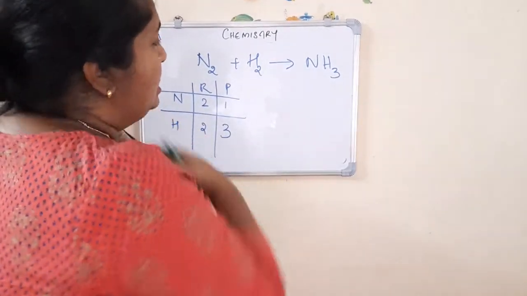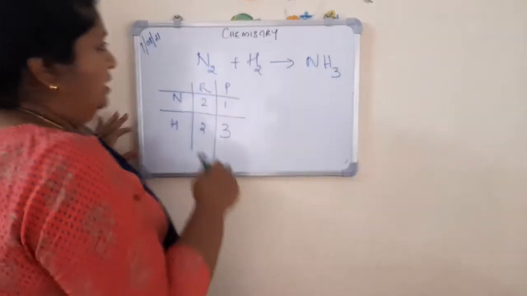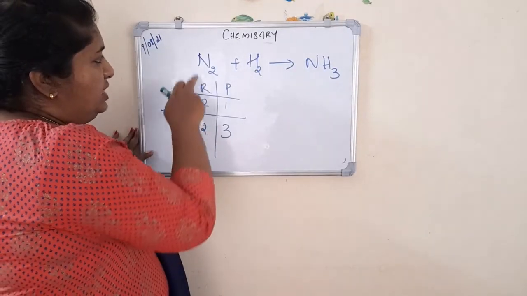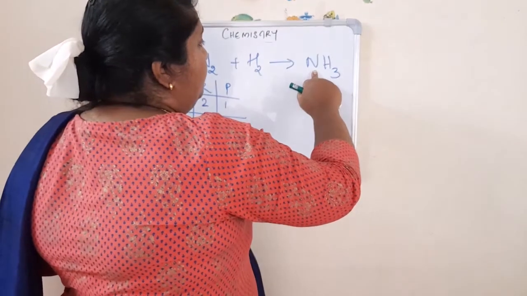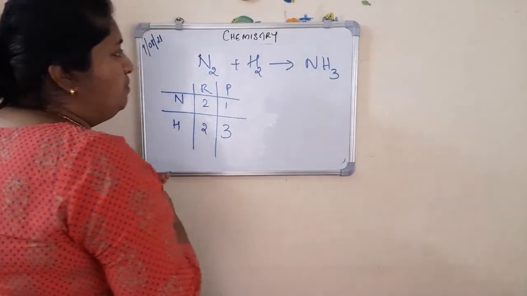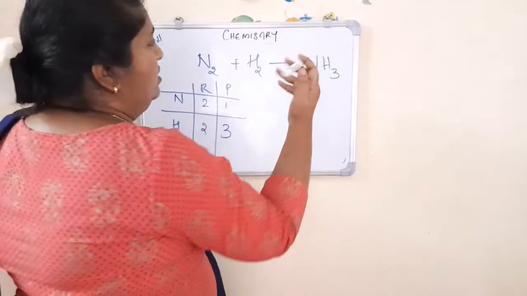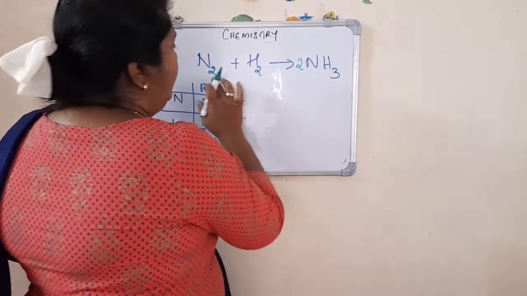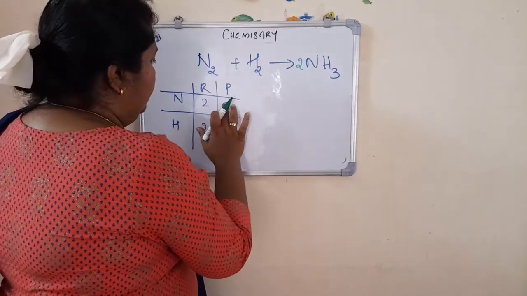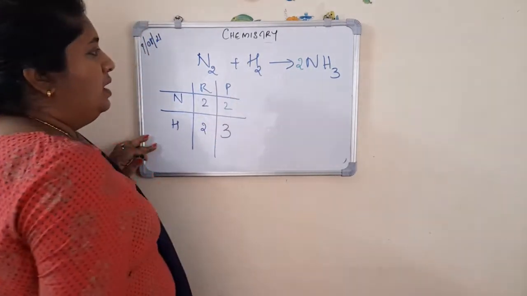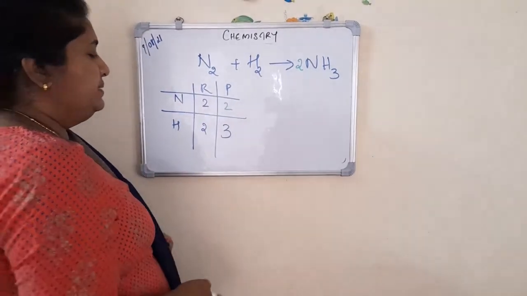Here it is 2 nitrogen atoms in the reactant side, only 1 nitrogen atom in the product side. So what will I do to balance? I will put 2 here, isn't it? Now nitrogen is balanced, 2 nitrogen, 2 nitrogen. Now, what about hydrogen?